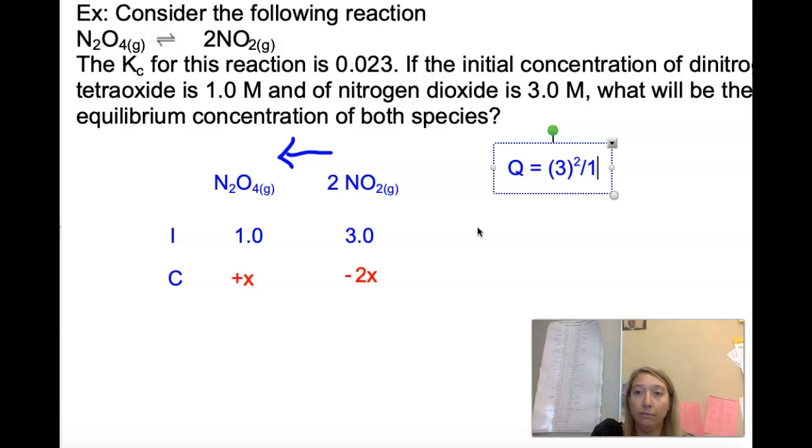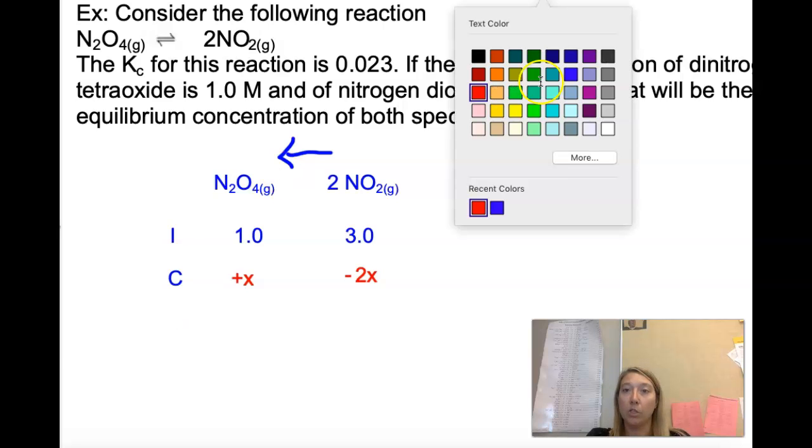So if we do that, we get 9. Okay, when I look at that Q, it's 9, it's supposed to be 0.023. We said that when Q is greater than K, we need to shift to the left, right? So 2 potential ways, they both tell me the exact same piece, which is that I need to shift to the left to actually reach equilibrium based off of this K value.